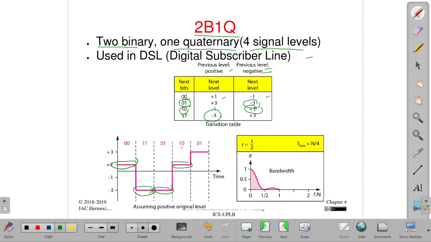So this is an example of a multi-level scheme. Our voltage levels are 1, 3, -1, -3.